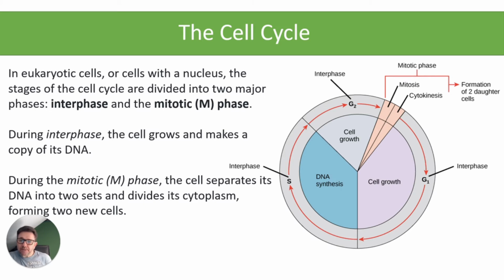We need to know the different phases of mitosis, but remember this is a continuous cycle. Even though we're talking about different phases, it's continuously occurring, as shown in the video at the start of this video.